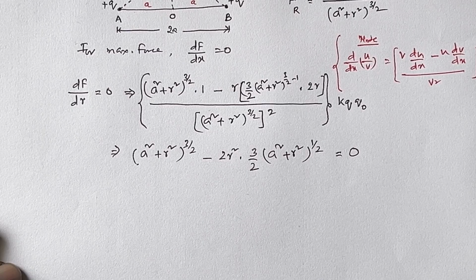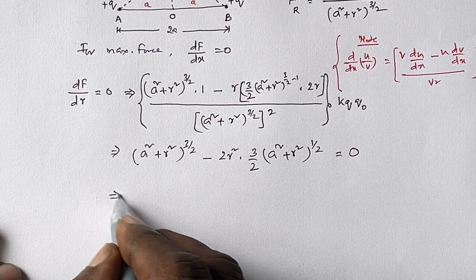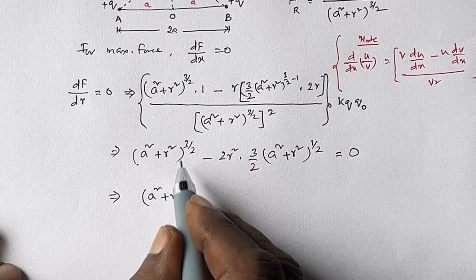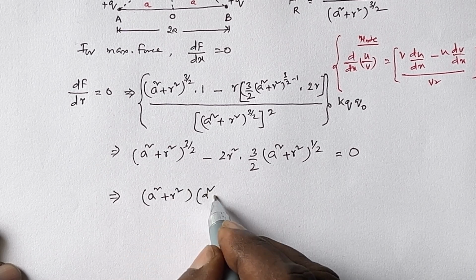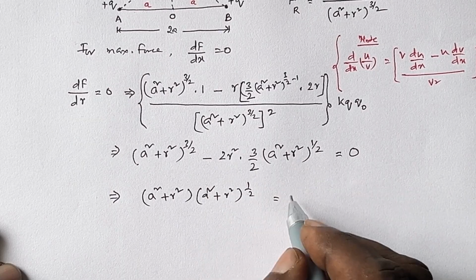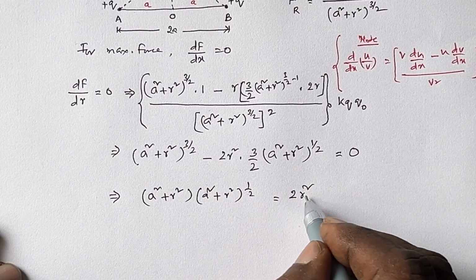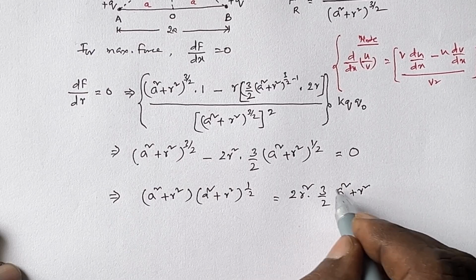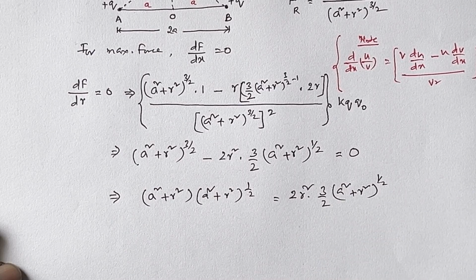So that implies (a square plus r square) whole power 1 by 2 times (a square plus r square) equals, this minus 2r goes this side, 2r square times 3 by 2 (a square plus r square) whole power 1 by 2.